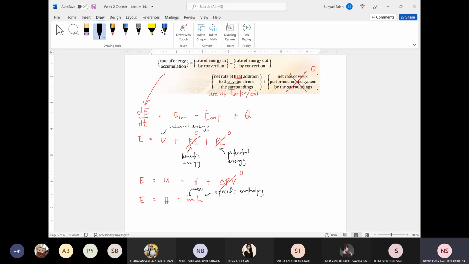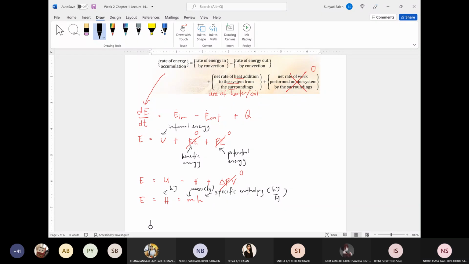Capital letter H represents the enthalpy and small letter h represents the specific enthalpy. It's referring to the enthalpy, only the unit is different. For example, in this case, specific enthalpy has the unit of kilojoule over kilogram. So mass in kilogram. So when you multiply it, you get the enthalpy in the unit of kilojoule.